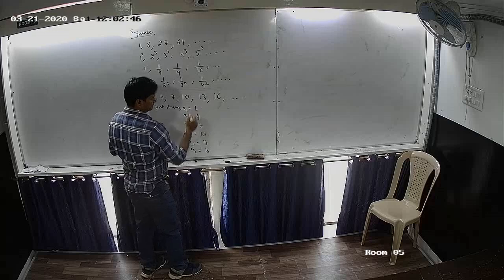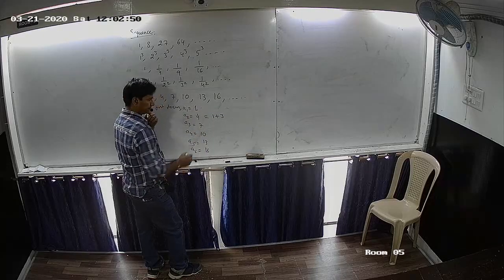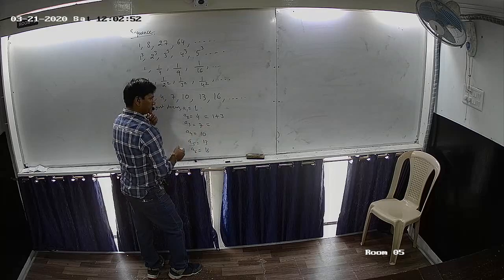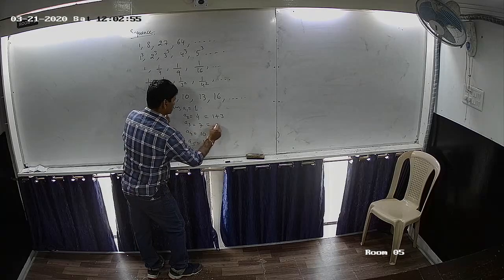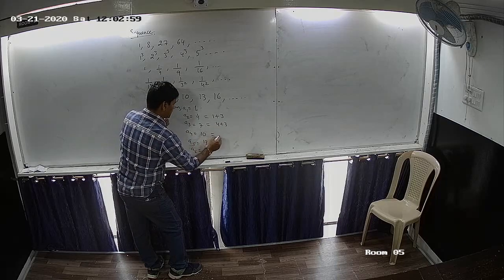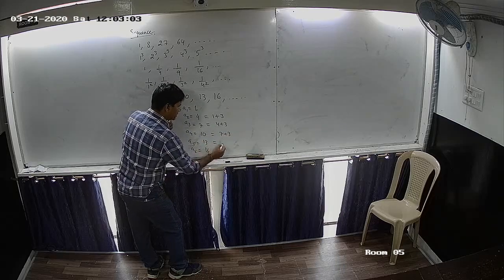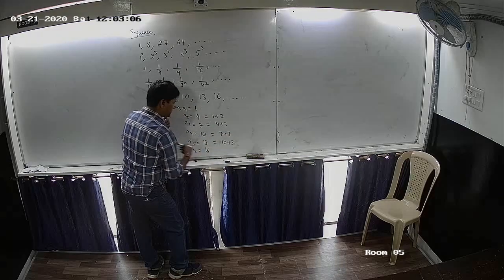Now in this, A2 is equal to 1 plus 3. A3 is equal to 4 plus 3. A4 is equal to 7 plus 3, 10. A5 is equal to 10 plus 3, 13.